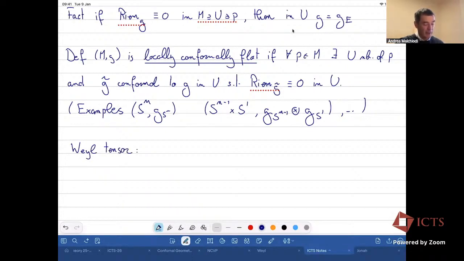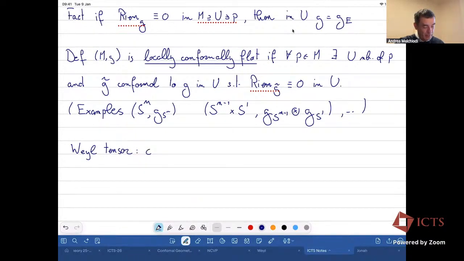It's the so-called conformal part of the curvature tensor.